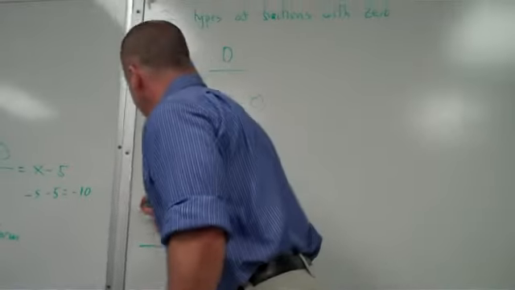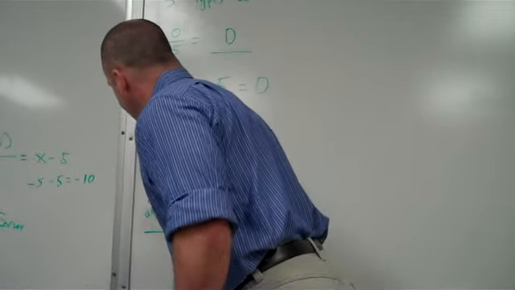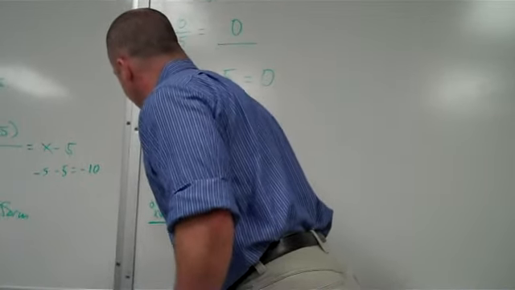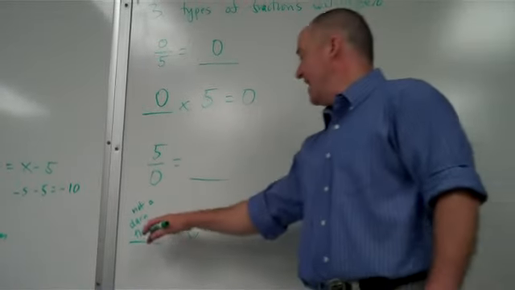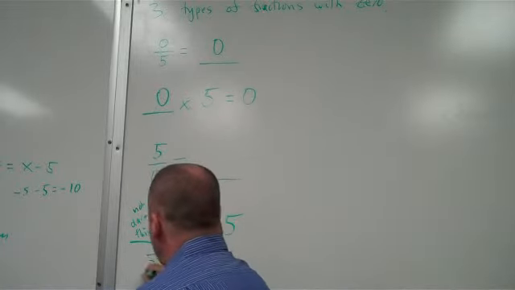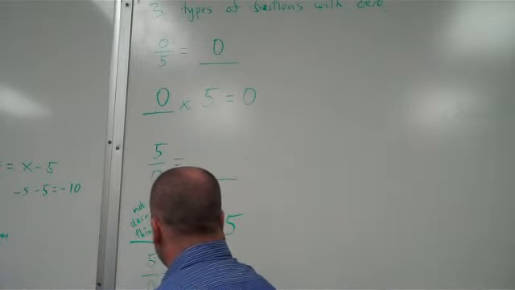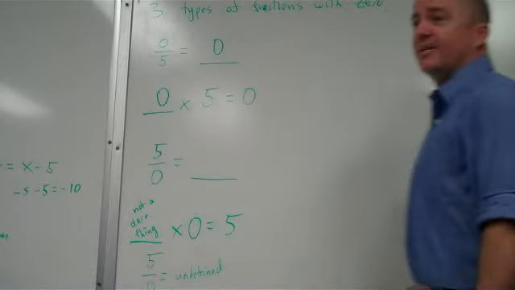The short answer is nothing. Since it's nothing, we can't define anything that we can multiply times 0 to equal 5. We say that 5 over 0 is undefined.